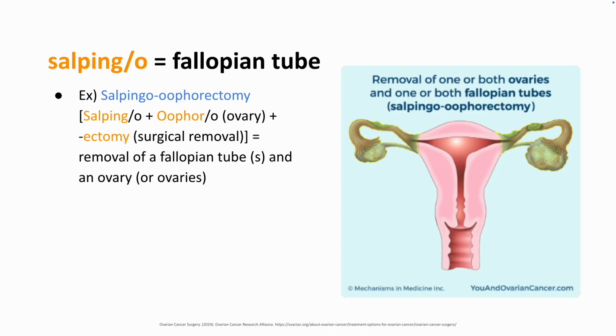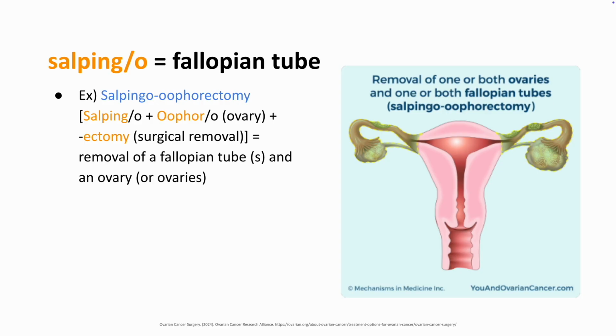Salpingo is a combining form that means fallopian tube. Fallopian tube is the tube that leads from ovary to the uterus. That's where the egg gets fertilized as well. So one example is a very weird word. It's called salpingo-oophorectomy.